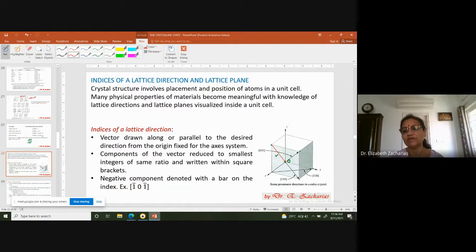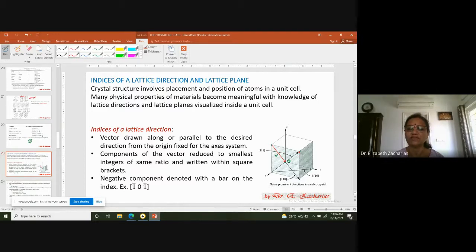Let's take this one, for example. This vector has x component equal to 1, y component equal to 1, z component equal to 1, because it is connecting the two opposite corners. This vector has x, y, z components within that unit cell.